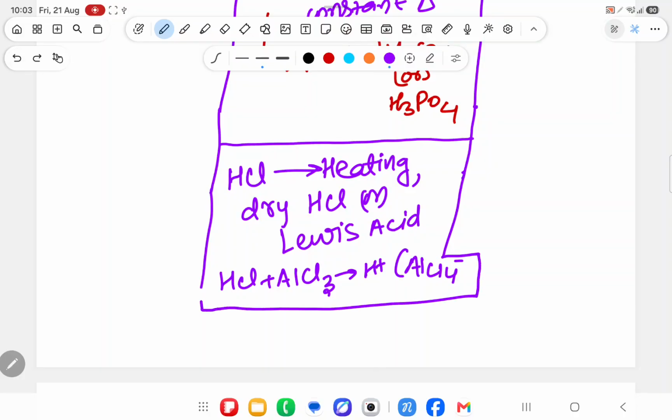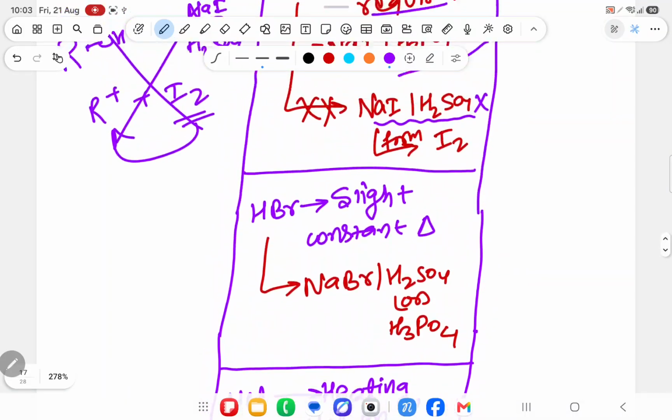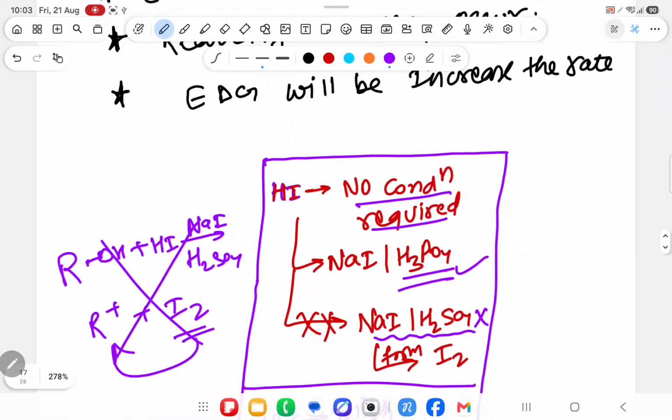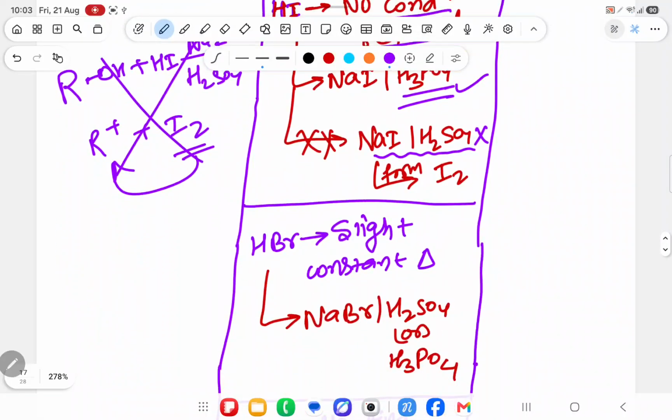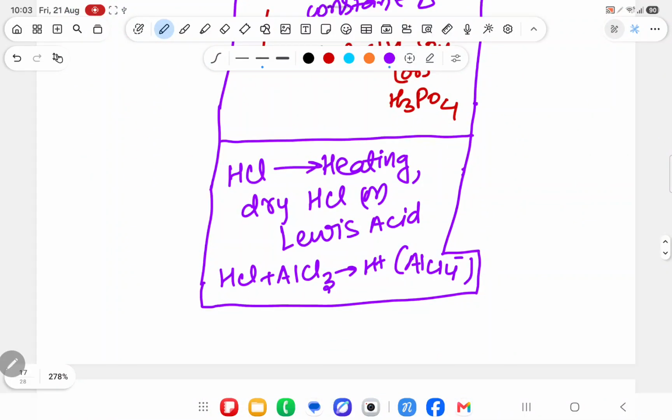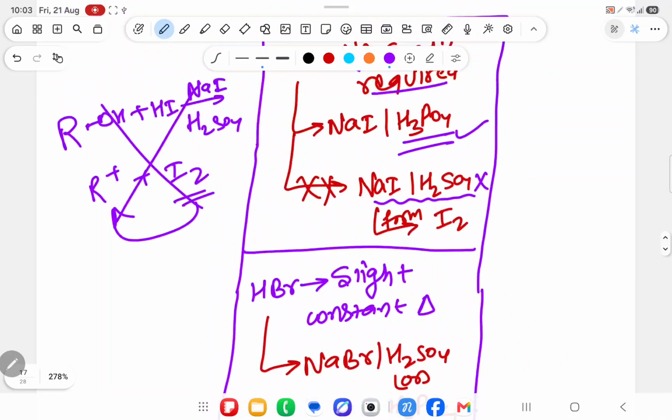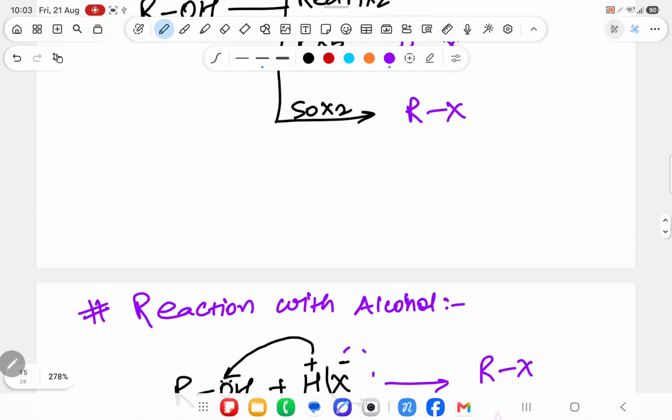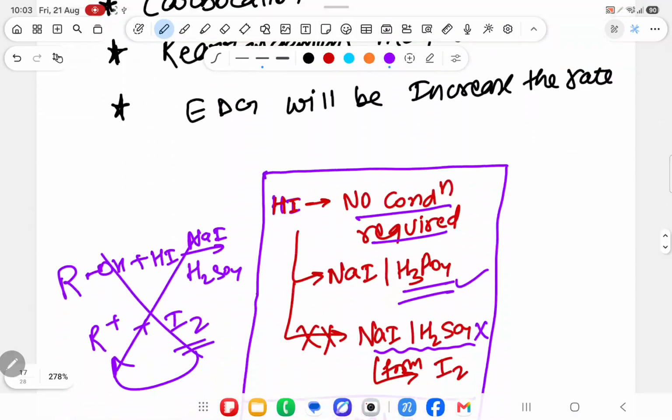So the conditions: for HI don't use H2SO4, and heat is not required. For HBr you can use H2SO4 or H3PO4, but constant heat is required. For HCl, heating is important, and HCl should be dry, or if not dry, use some Lewis acid. Now I hope everyone has understood this first important point of reaction of alcohol with HX.